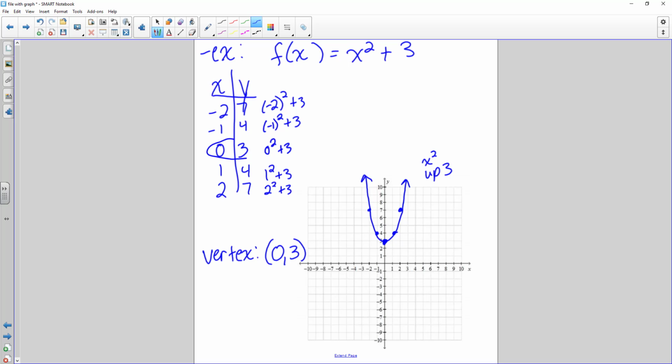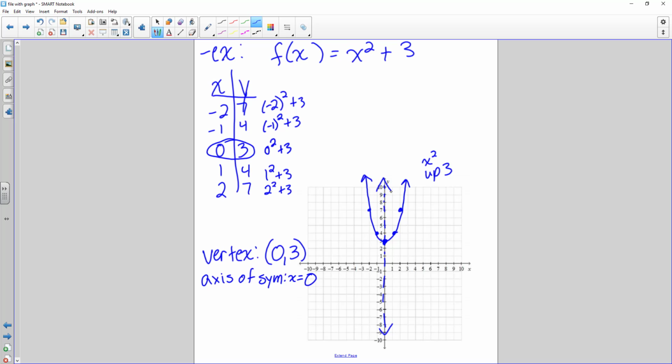This was our low point of the parabola, the starting point if we think of it that way, but it's the minimum. And the axis of symmetry is always a vertical line. In this case, it's still x equals 0, because it's this line right here.